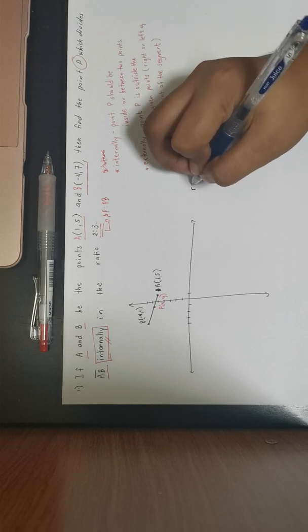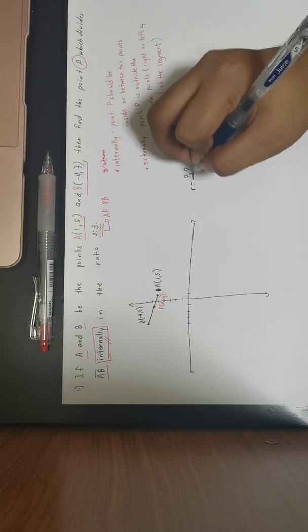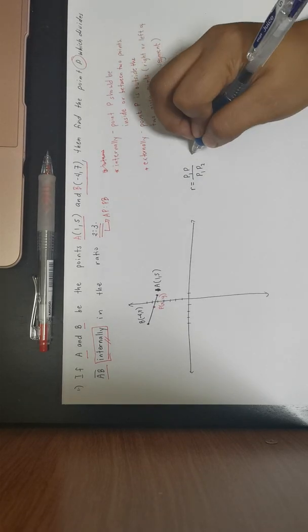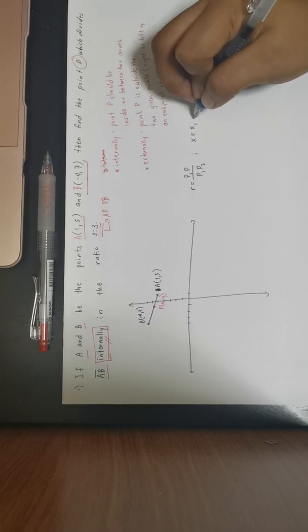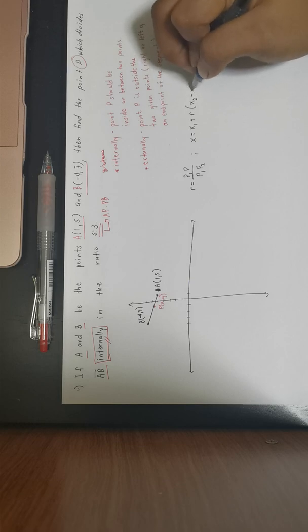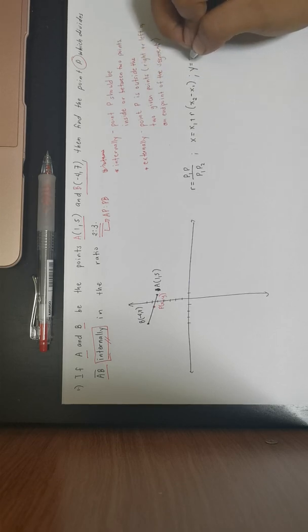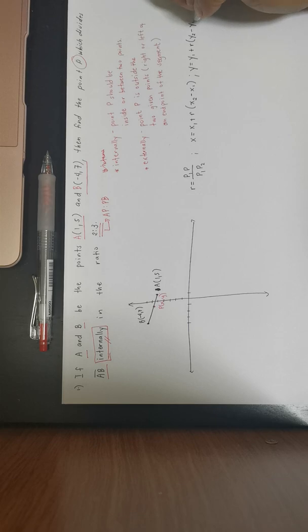We need a ratio r that represents P1P over P1P2. To get the x coordinate, this would be x1 plus r times the quantity (x2 minus x1), and y is equal to y1 plus r times (y2 minus y1).